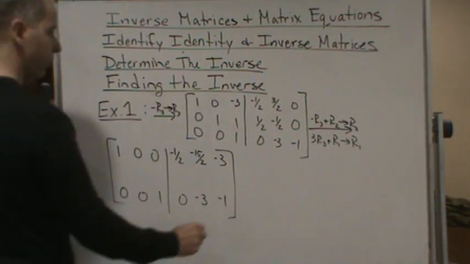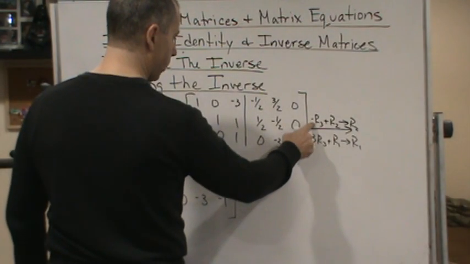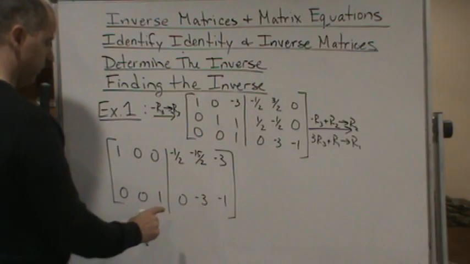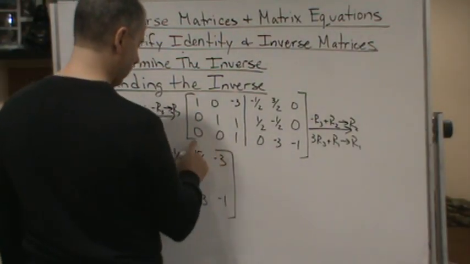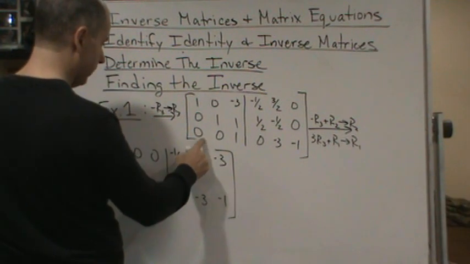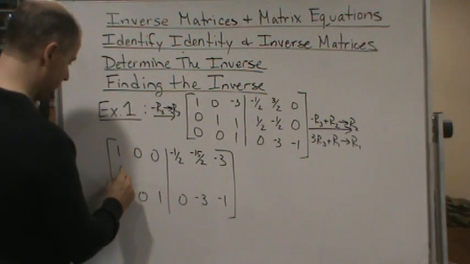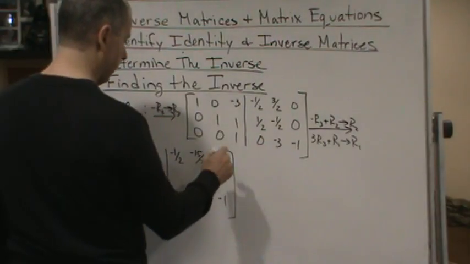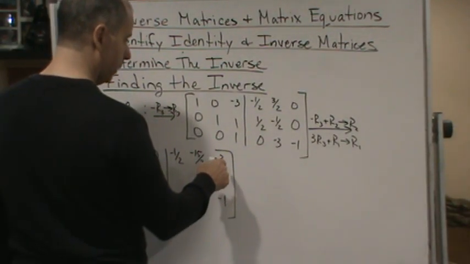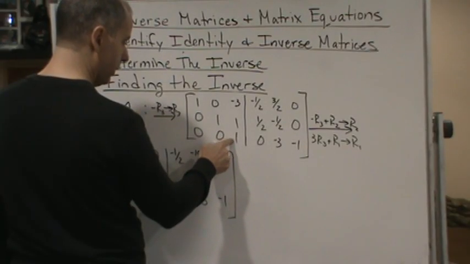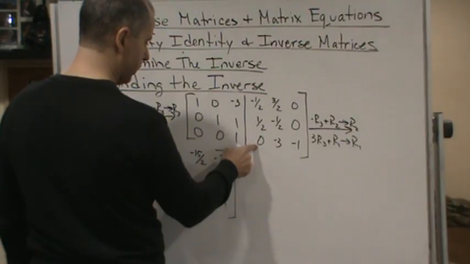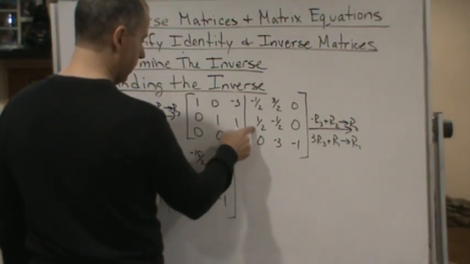And then now we do negative row 3 plus row 2. So again, these are going to stay the same. This is going to become a 0, right? So negative 1 plus 1 is 0. Well, 0 times negative 1 is still 0.